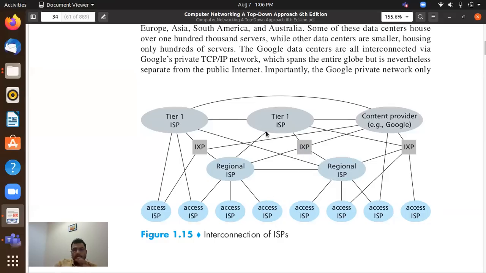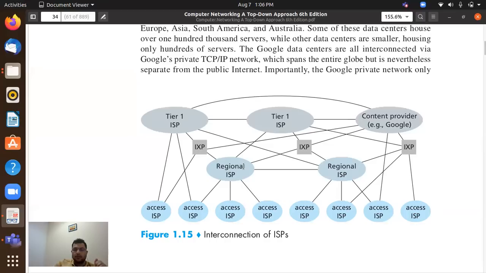Now, how are they connected? On what basis would regional service providers connect with a tier 1 service provider? It is not based solely on performance. It is more based on national policies and business policies.